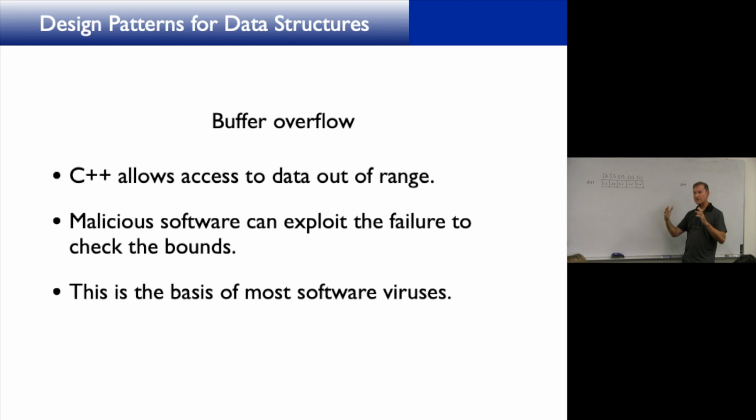They're used for strings, for all kinds of things. If you have some string input and the bounds don't get checked correctly, then yes, this is how viruses work. 90% of all viruses work by being able to go out of bounds and install malicious software that way.